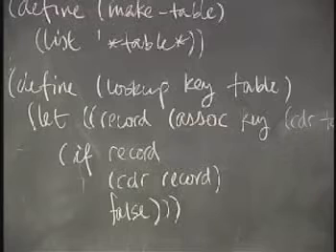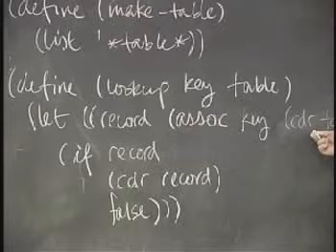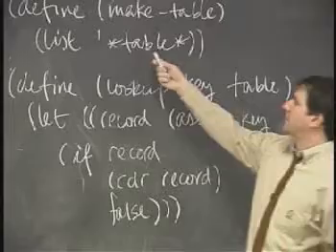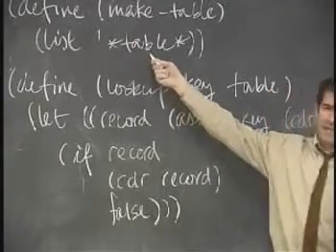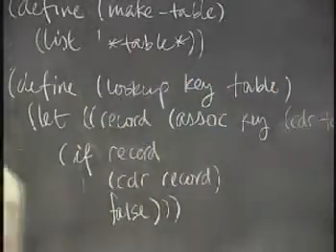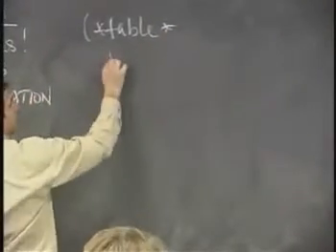So the first question is, why do we have this cdr here? Why don't we have just table? Because our table is going to be a tagged list. The first element in the table is going to be the symbol table. And then we're going to have a series of records.